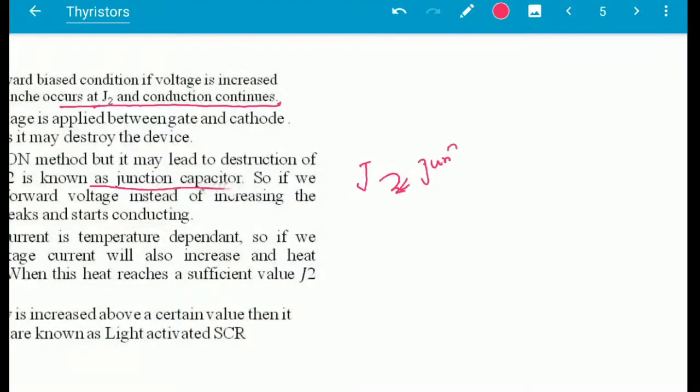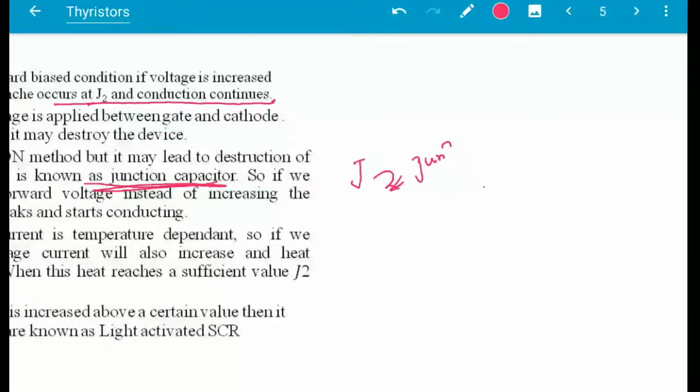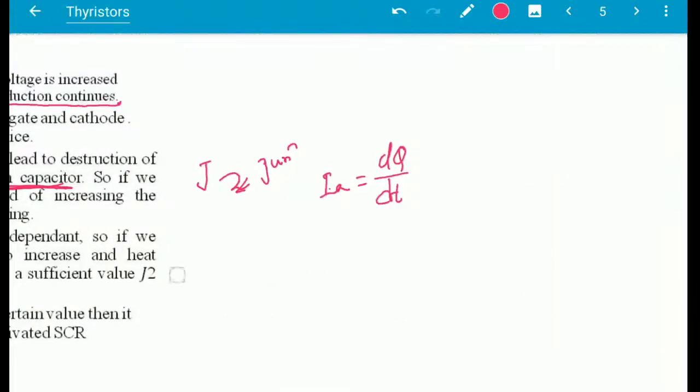Here I have written junction capacitor. So we know that IA, that is the current through the diode, is dq by dt, that is the charge per time. This is the definition of current.